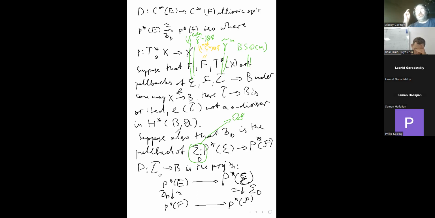Okay. So in question 8, we construct an isomorphism between calligraphic E and calligraphic F. And this isomorphism is given by the same formula as for just the cotangent vector bundles, namely we take exterior product plus substitution.